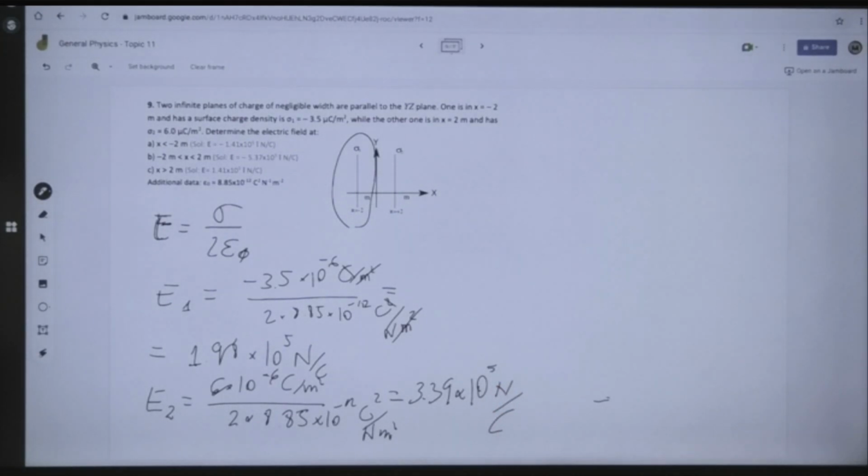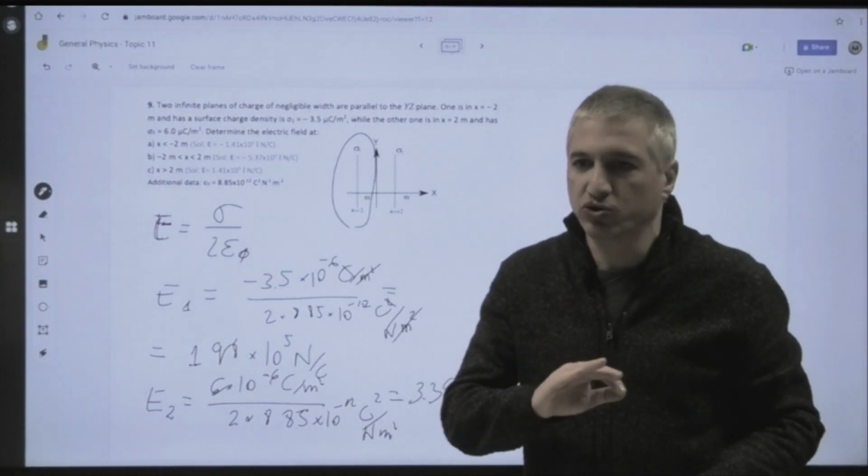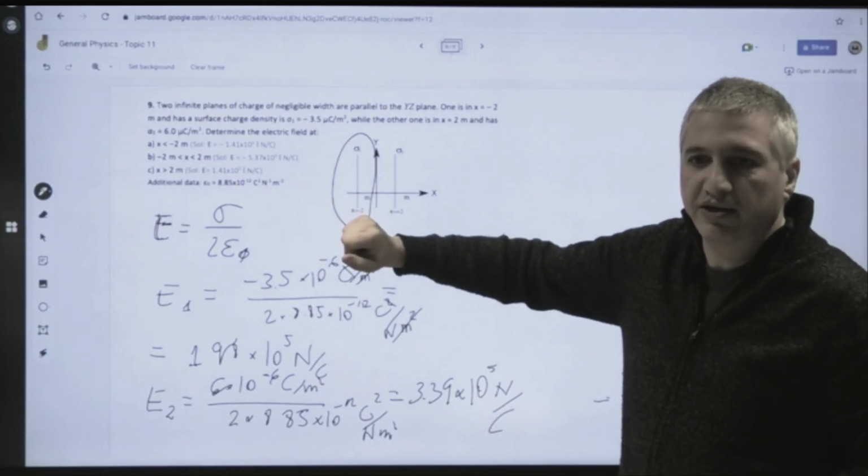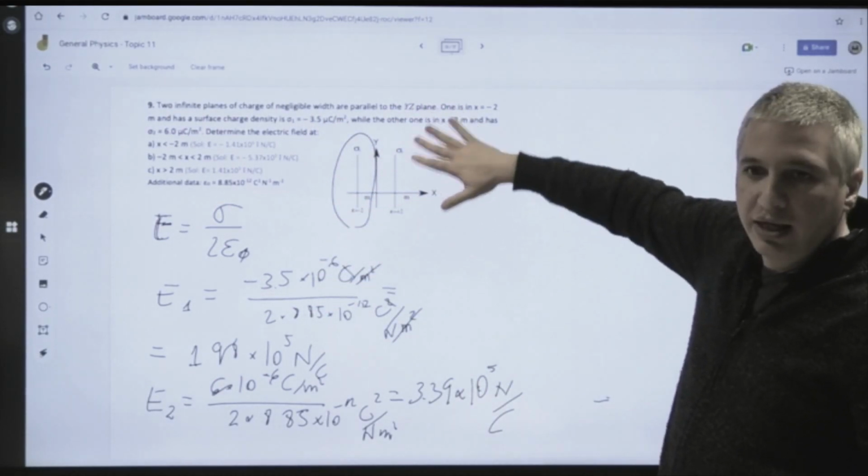Okay, so those are the absolute values of the electric field produced by each of the 2 surfaces. E1 will be the electric field produced by the first infinite plane, and E2 will be this one.